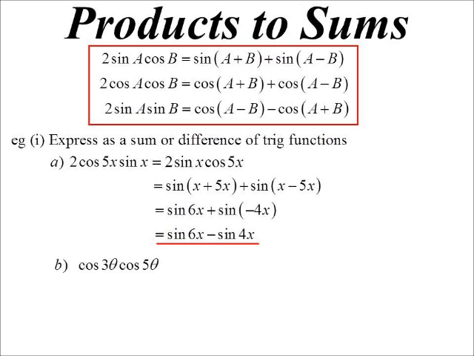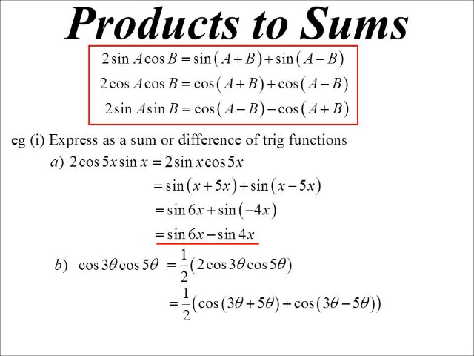Let's do this one. Okay, so this is a cos, so it must have come from the cos formula. I wanted 2 lots, I've only got 1 lot. So the first thing I've said is, well, that's half of 2 cos. So it must have come from the cosine formula. So in one of them, I'd be adding the 2 angles. One of them, I'd be subtracting. Now, if I'm left with cos, that means it's the sines that disappeared.